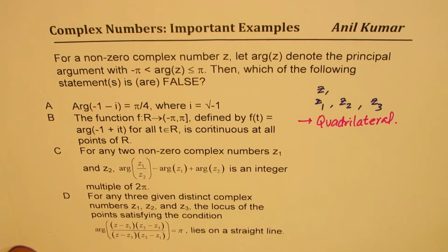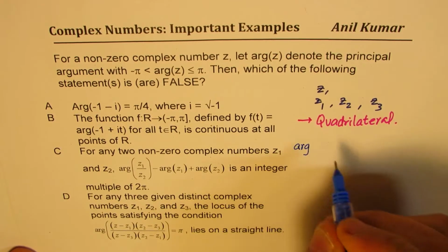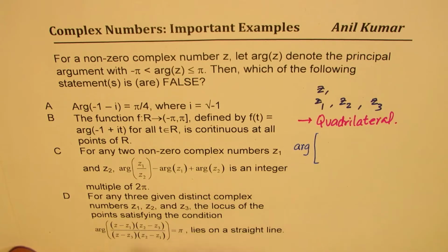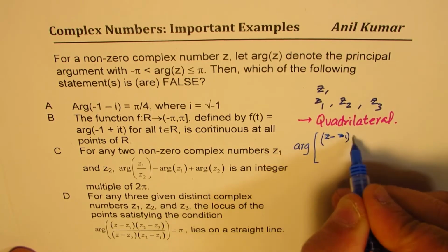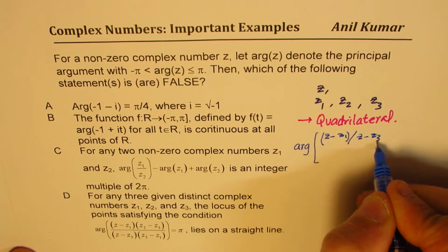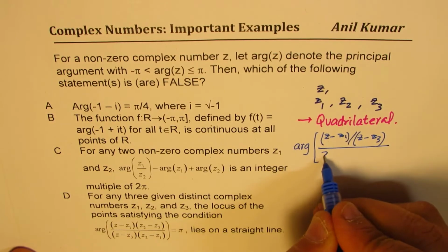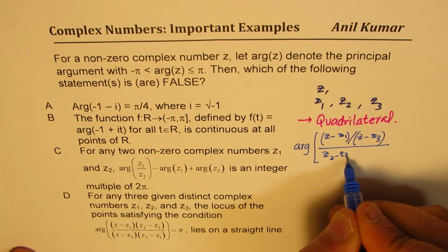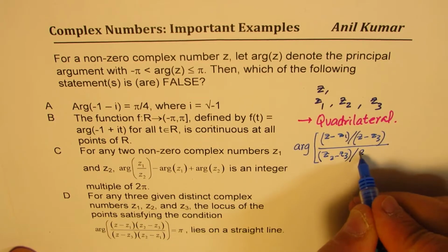So what we can do here is we can think about this as argument of z minus z1 over z minus z3 divided by z2 minus z3 over z2 minus z1.